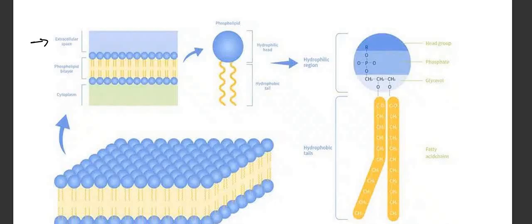So it makes the cell membrane selectively permeable. When you say selectively permeable, it's because the middle part of the membrane is made up of phospholipids, which have a head which is hydrophilic and a tail which is hydrophobic.